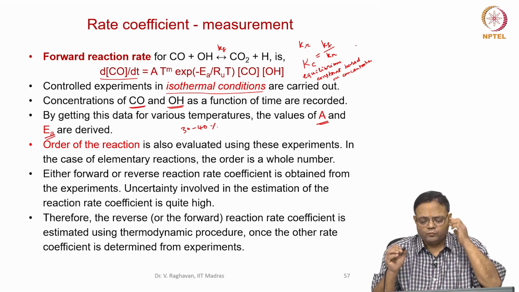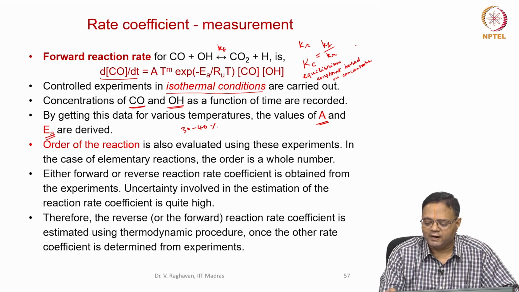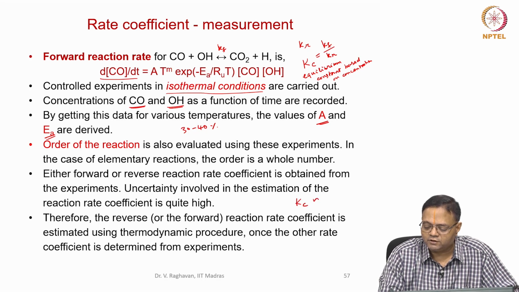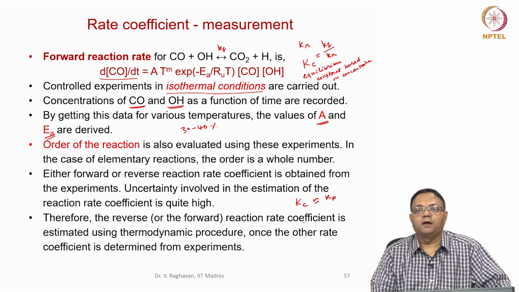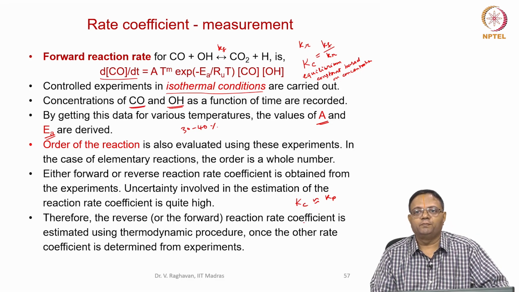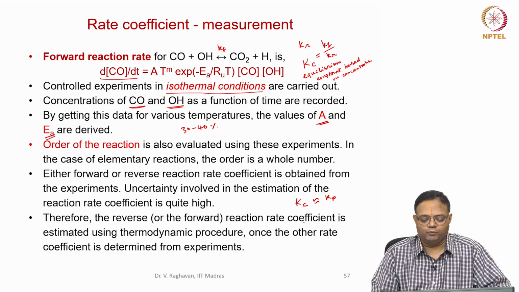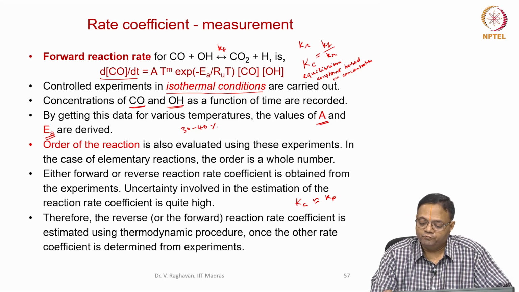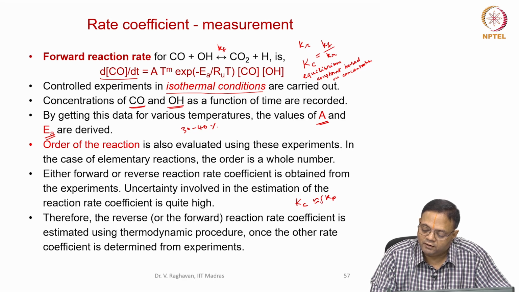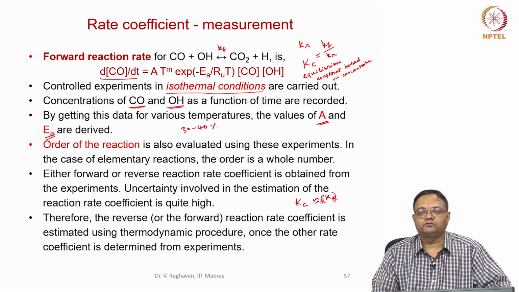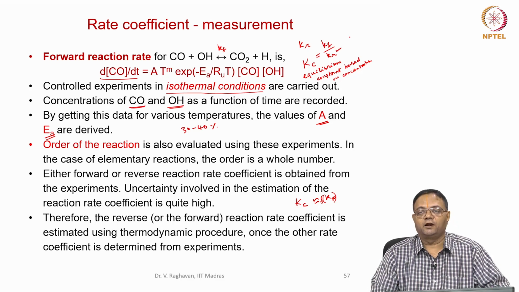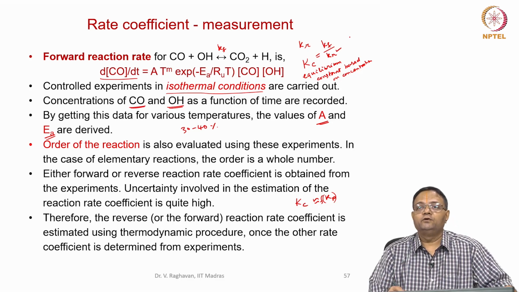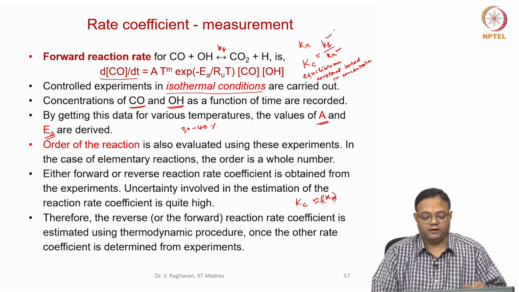And what I will do is, I will connect Kc with Kp. Kp we have already seen, which is dependent on the delta G. So, you can refer to any textbook to understand this. So, when I evaluate Kc as a function of Kp, then I can find the reverse reaction rate thermodynamically, by measuring the forward reaction rate.